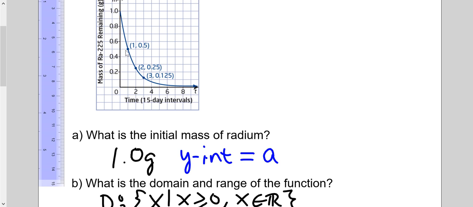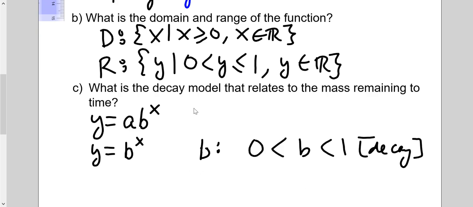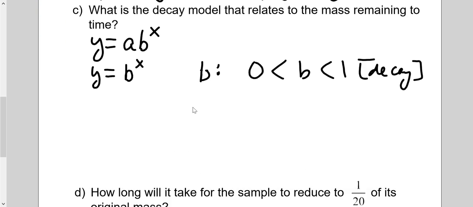This one should be a good point because the numbers are nice. So let's pick (1, 0.5). You can pick other points. In this case, my x is 1, my y is 0.5.